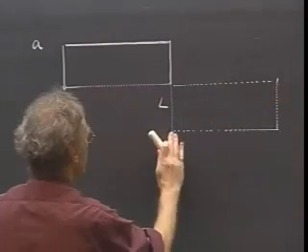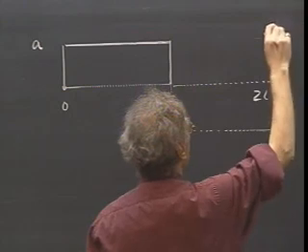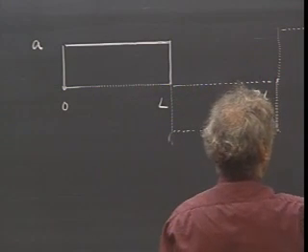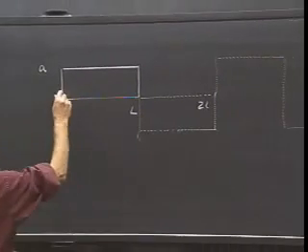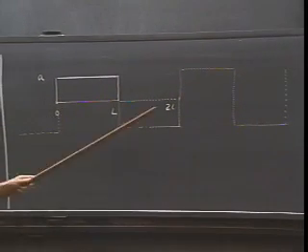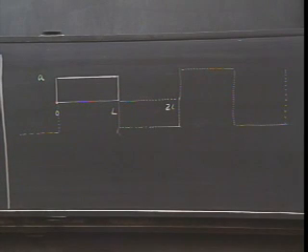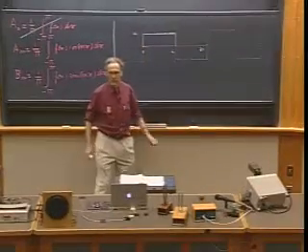So I'm adding this. I make it 2L, but I go much farther. I go on, and go on, and go on, and go on. So I'm going to define it between 0 and 2L, and that's periodic.